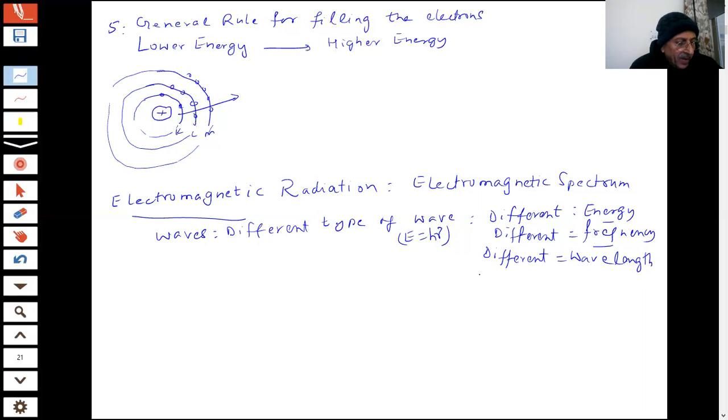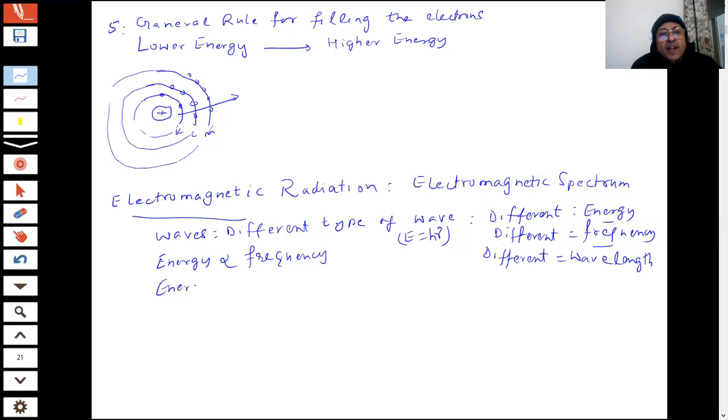You already know, students, the energy is proportional to the frequency of the wave. The more the frequency, the more the number of waves passing per second from a particular point, and the more the energy.